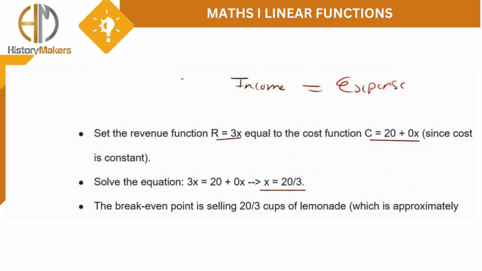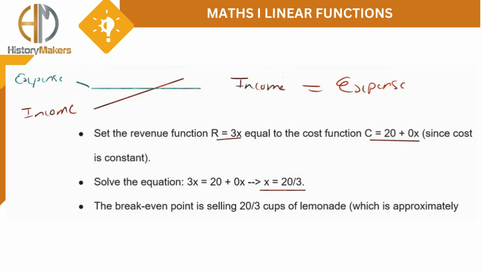So if we were to draw it, this will be our first line. Let's say that's income. And then this will be our expense. So this one is expense, and this one is income.